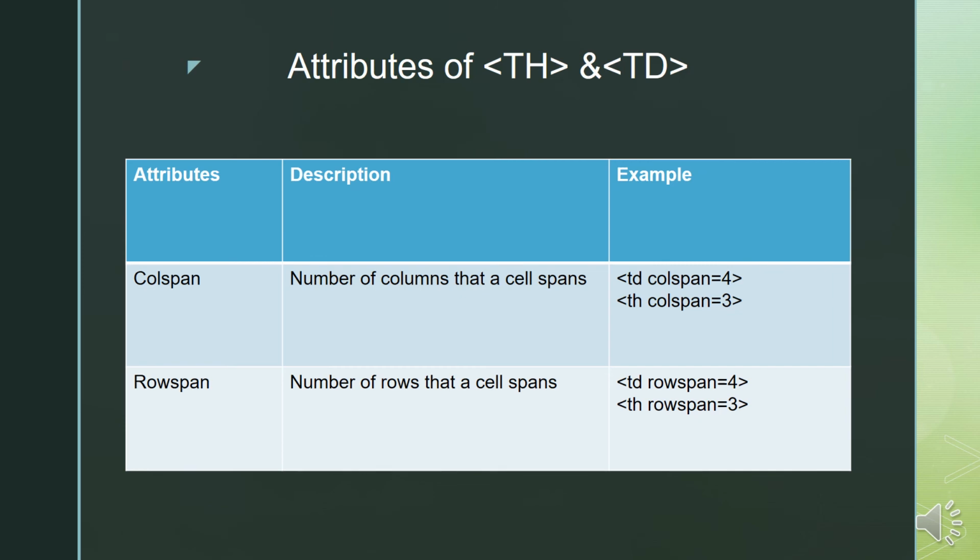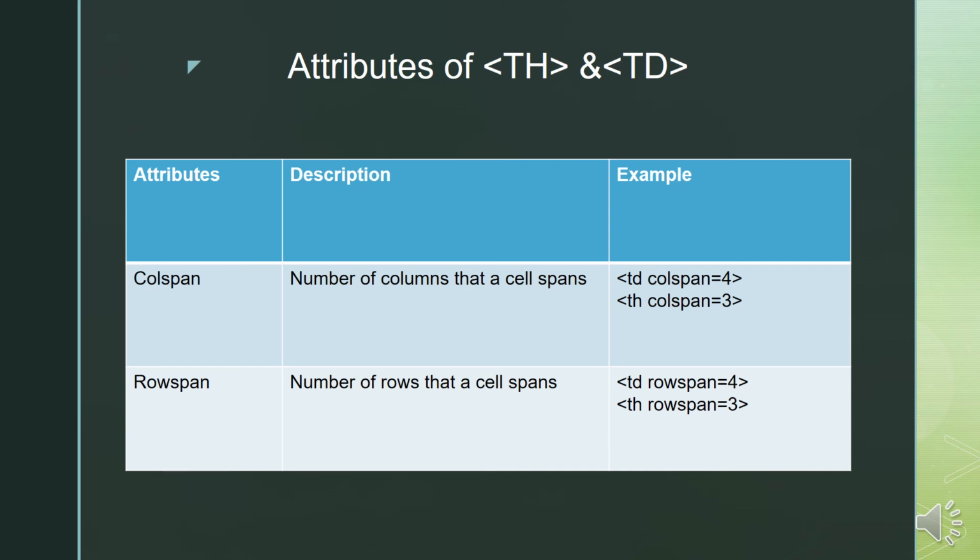So col span is the number of columns, that is cell span. If I want to merge two cells, the value will be col span equal to 2. You can specify it within TH or TD. In the same way with row span, I can write the row span value, the number of rows I want to merge.